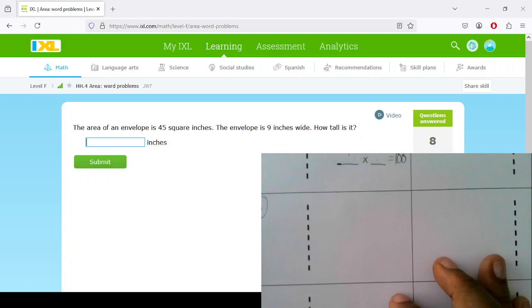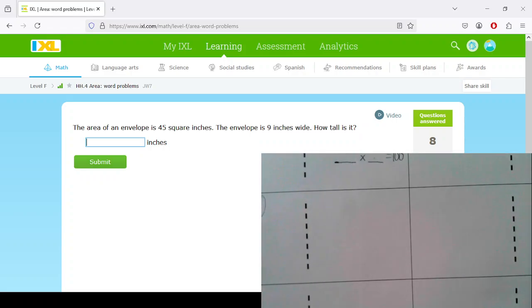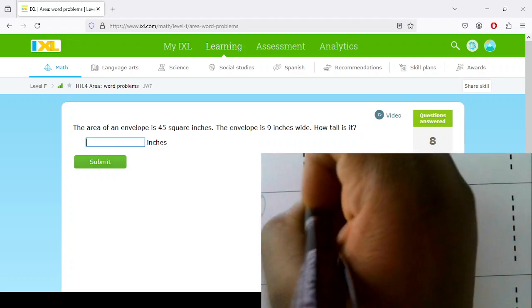Alright, last one. How tall is it? So I'm looking for a side length. The area of an envelope is 45 square inches. The envelope is 9 inches wide.